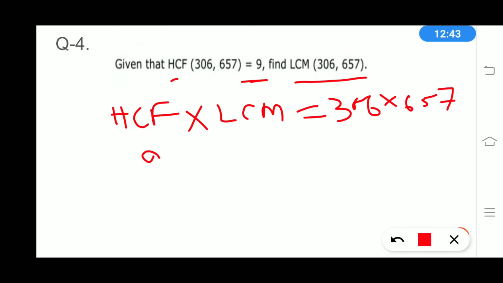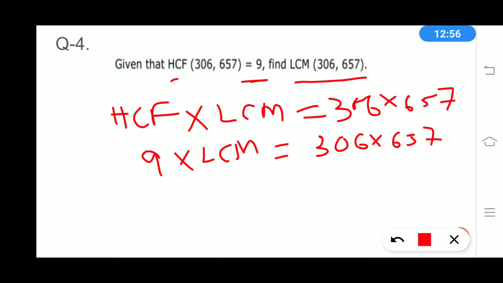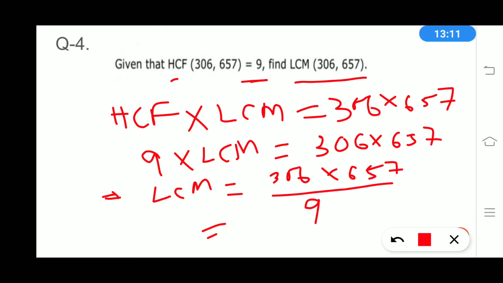So 9 into LCM equals 306 into 657. So LCM equals 306 into 657 divided by 9. So after simplification we will get the required answer. So now see the answer.